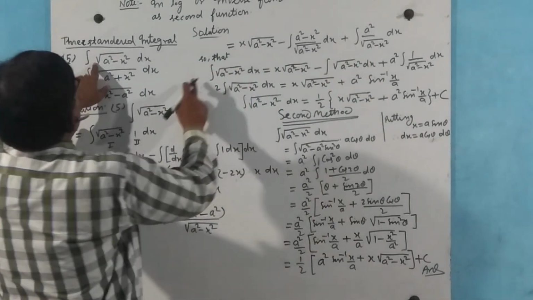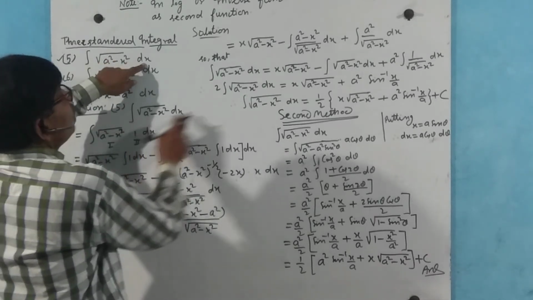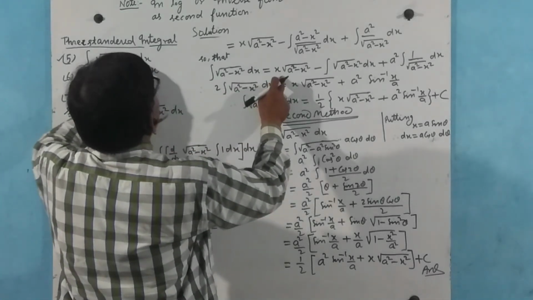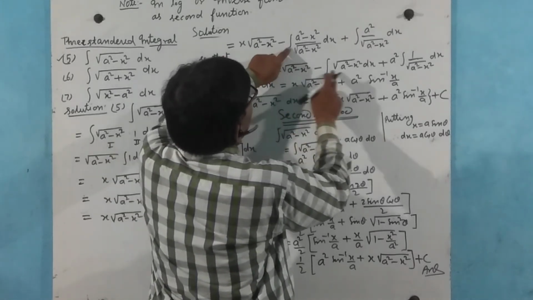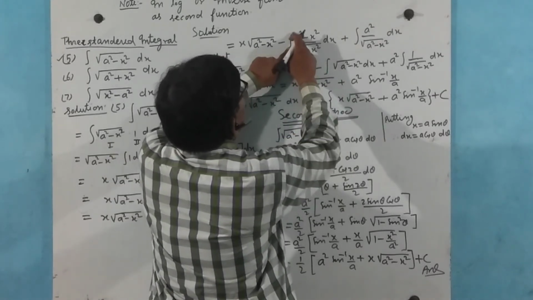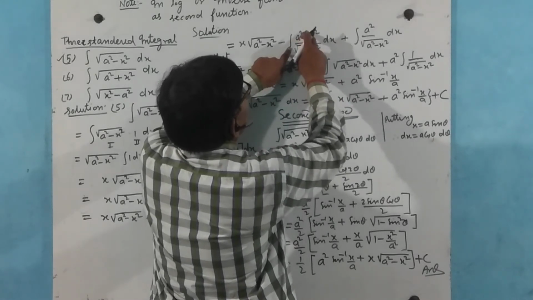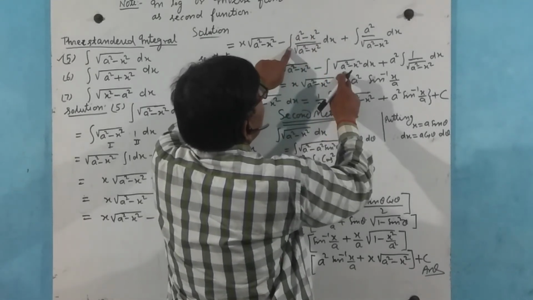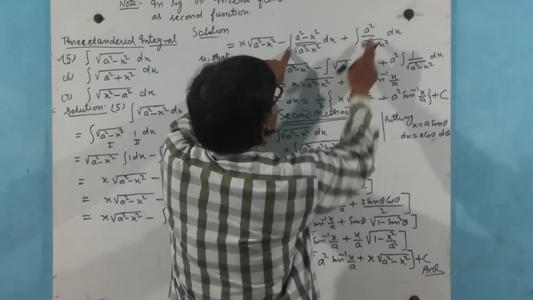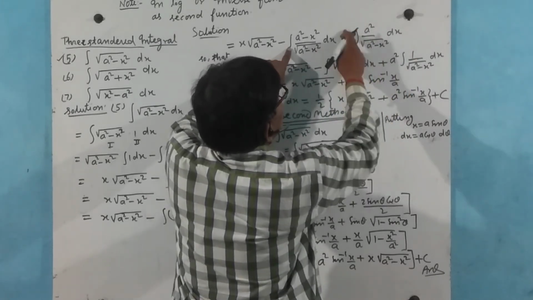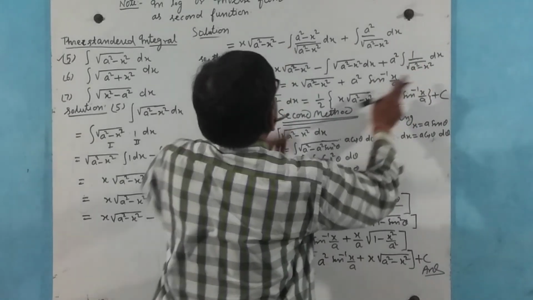Now our integration of root a square minus x square dx is equal to x under root a square minus x square, and this half comes here, so that only a simple a under root a square minus x square remains here, integration of this, and this term a square integration of 1 by under root a square minus x square.